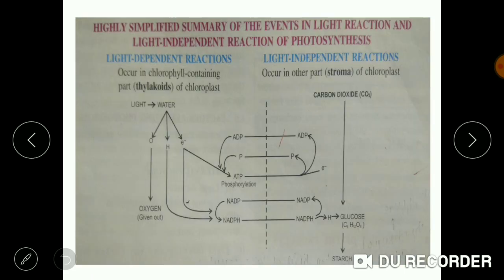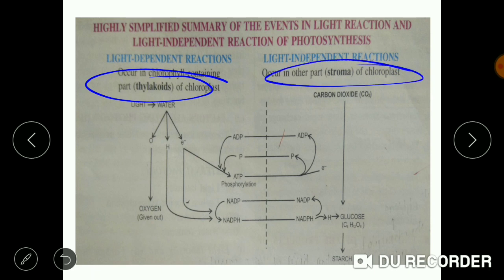This is a simplified summary of light and dark reaction taking place in the chloroplast. The light reaction occurs in the thylakoid and the dark reaction occurs in the stroma region.